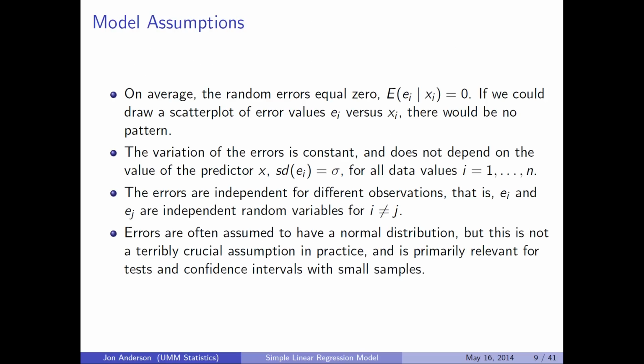The simple linear regression model has some assumptions. The first assumption is that these random errors that we've been talking about, the E sub i's, on average they're 0.